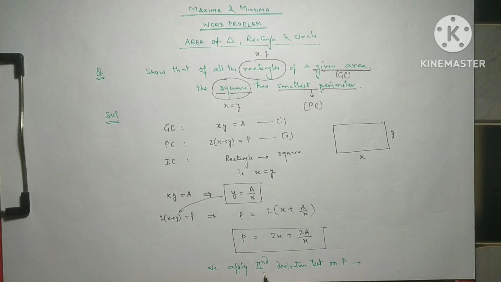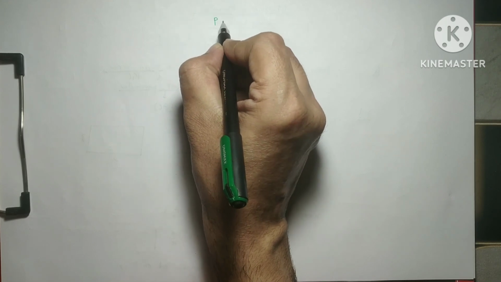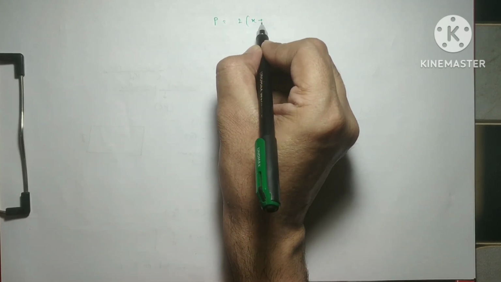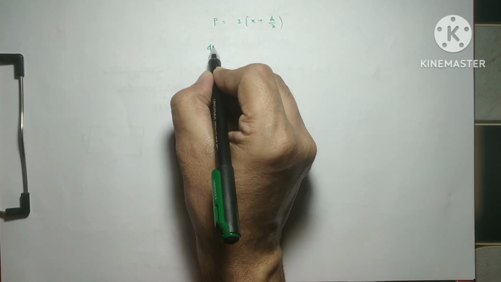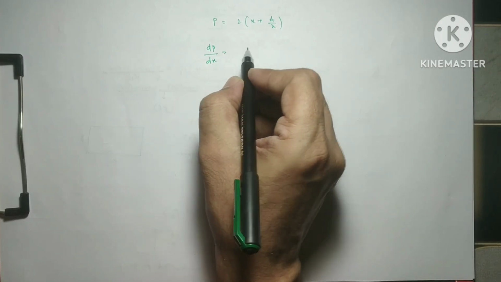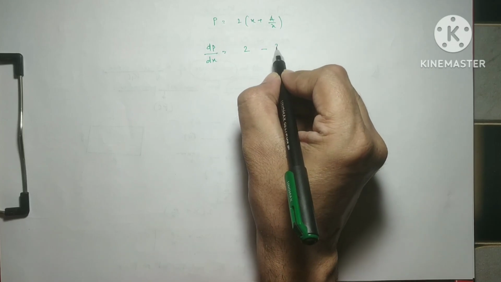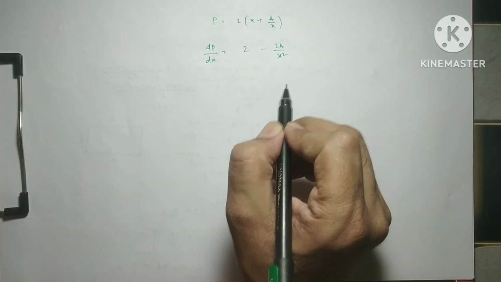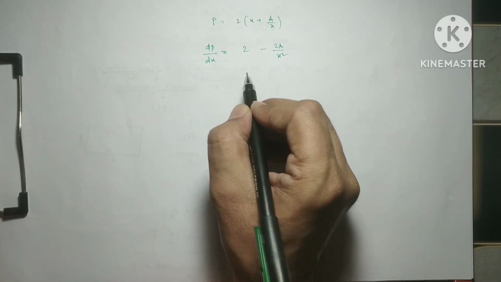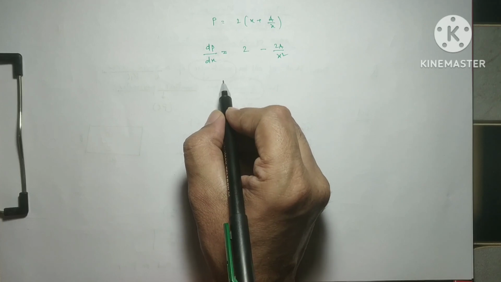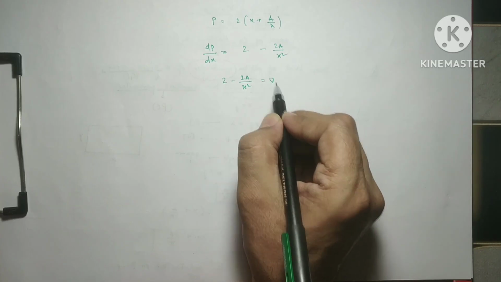So we apply the second derivative test on the perimeter. The perimeter is twice x plus a over x, and the first derivative of this with respect to x is 2 minus 2a over x square. When we put this derivative equal to 0, we get 2 minus 2a over x square is 0.